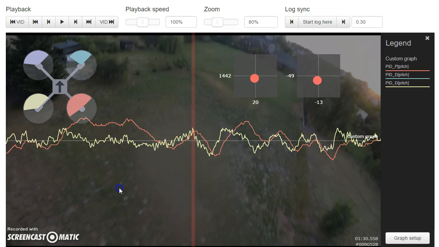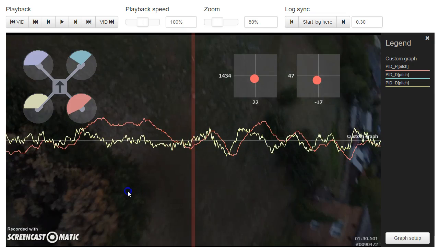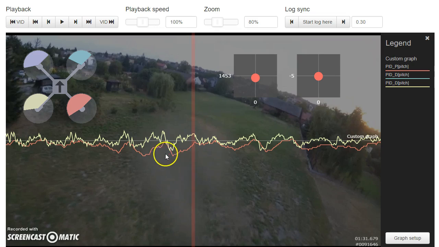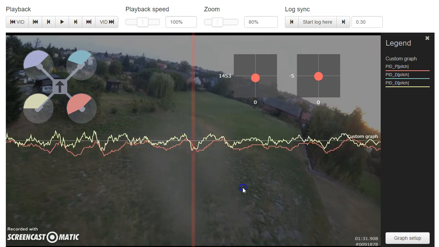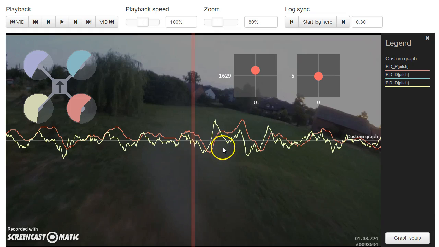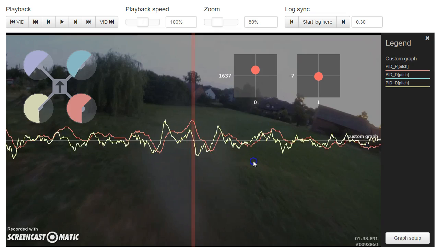And as you know, if I look here where they're moving, they are roughly the same magnitude with D a little bit smaller than P. So I feel like this is about right. This feels about right to me. Again, your flight performance will dictate. We can't just live on traces alone.